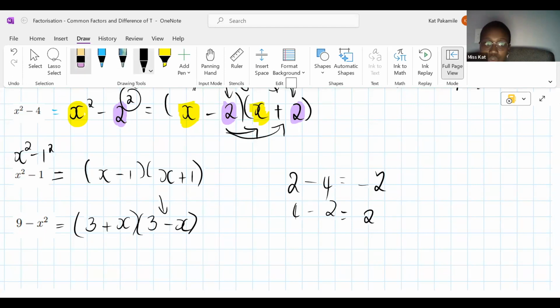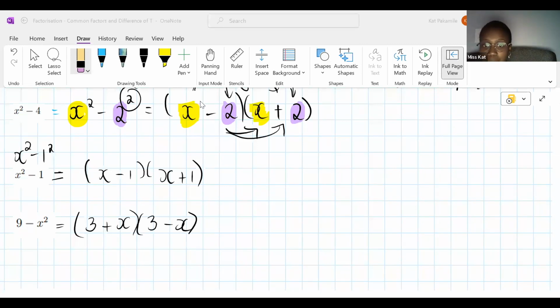Do you see its effects in your answer? Yes, ma'am. So you're not allowed to swap the order. The square number that was first should be first when you root them, and the one that was second should be second. Don't swap them around. That is actually a brilliant question because I know a lot of people like swapping them around. Okay, thank you, ma'am.